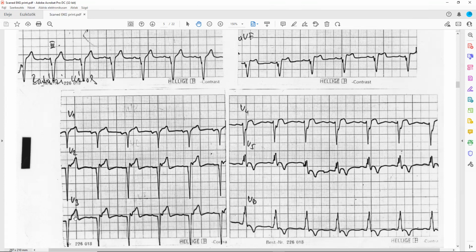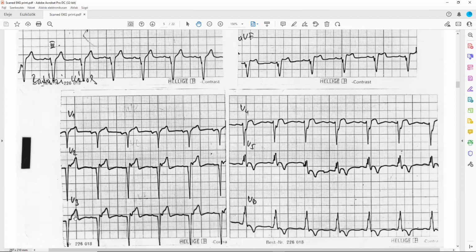Everything goes away from the right side and goes toward the left side. This is why that is going to give you a QS complex. And this is why in left bundle branch block it is very difficult to diagnose an anterior MI, because normally you have a QS complex.